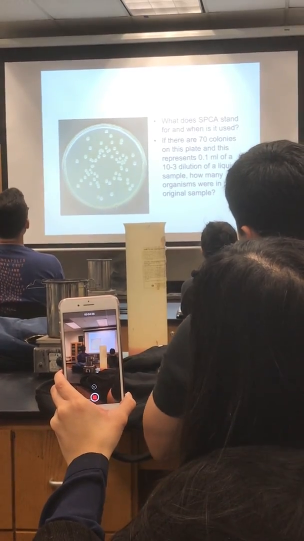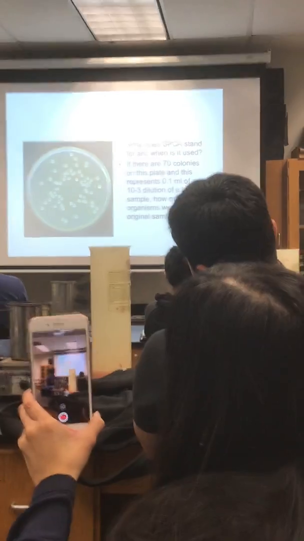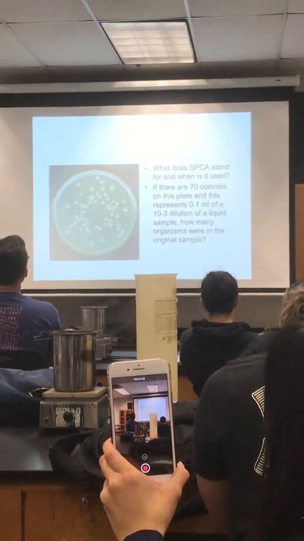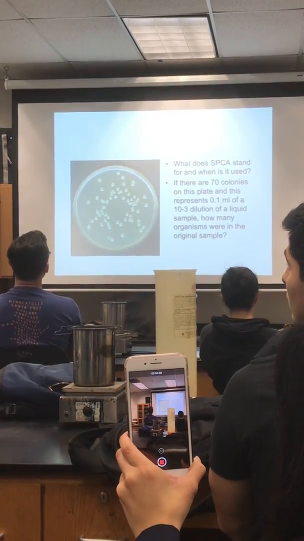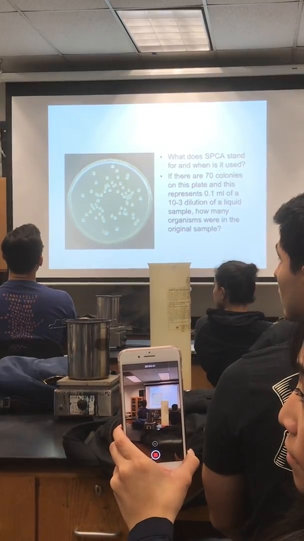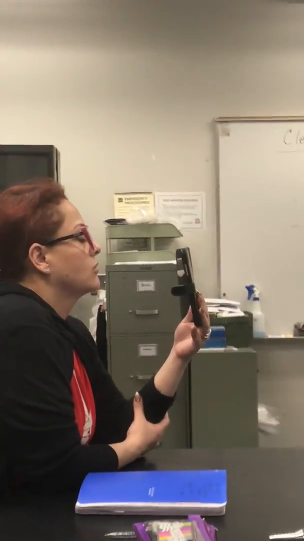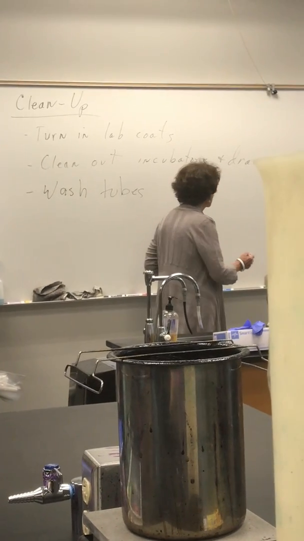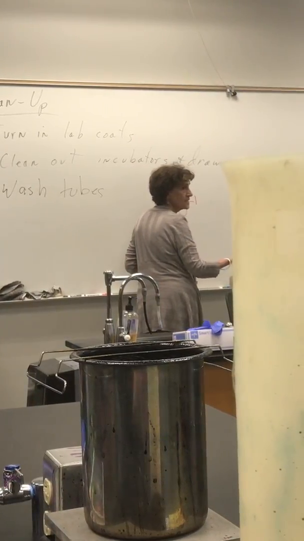But if there were 70 colonies on the plate, and that represented plating 1/10 of a mil of a 10 to the minus 3 dilution of a liquid sample, how many organisms were in the original sample? Okay, what's the total dilution there? It's 1/10 of a mil of a 10 to the minus 3 dilution. 10 to the minus 3, a tenth of that is 10 to the minus 4.